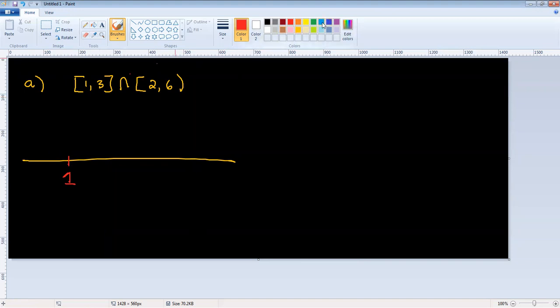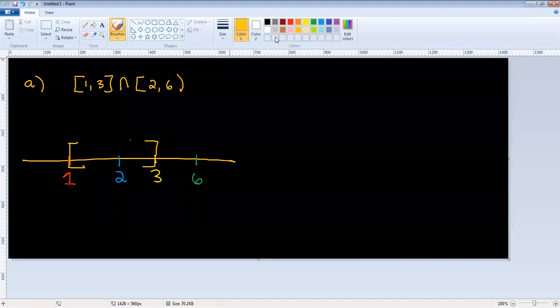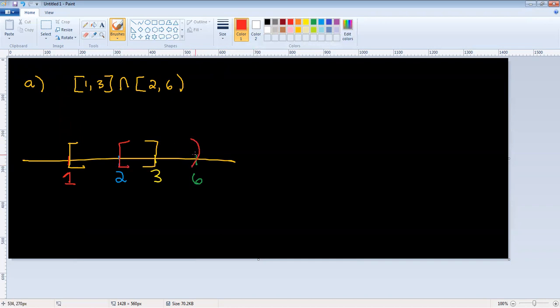There's a 2. Then there's a 3. And then there's a 6. Let's use a different color here, green. So the 1 and 3 covers this one and this one. And the 2 and 6 covers what? That covers this one and this one.